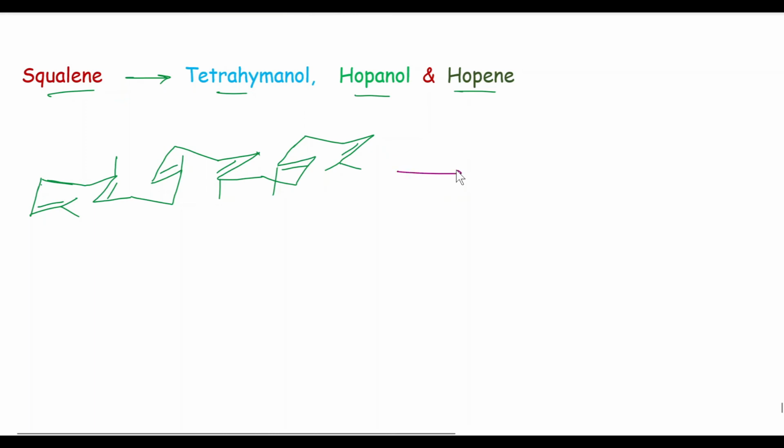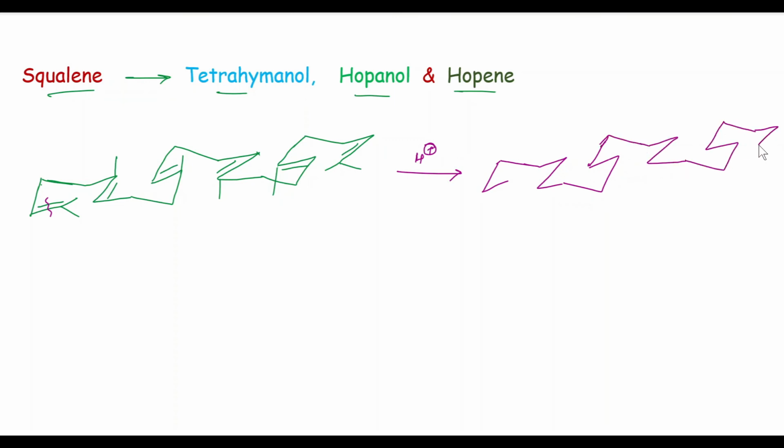In the first step, protonation takes place on this double bond, and we get generation of a positive charge here, that is, a tertiary cation. So in the next step, cyclization takes place.